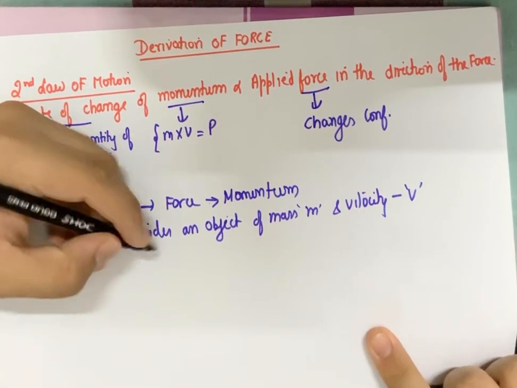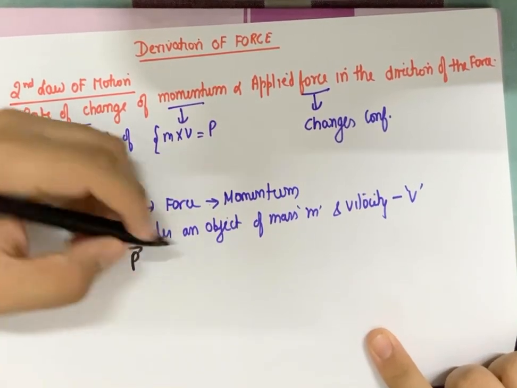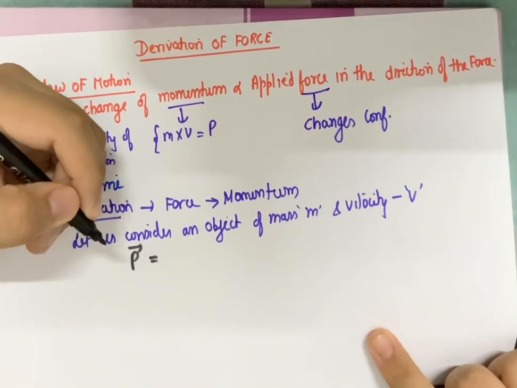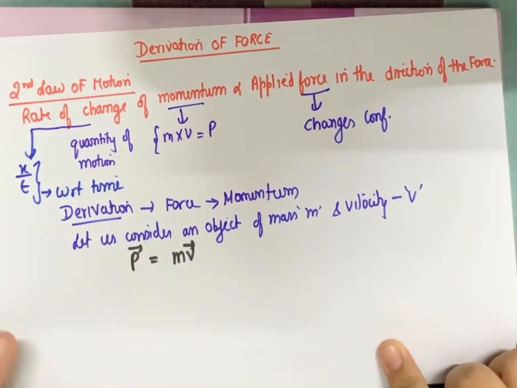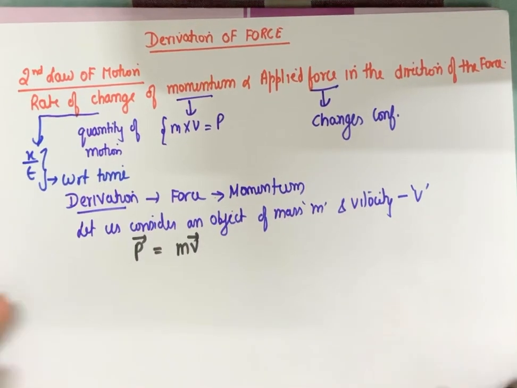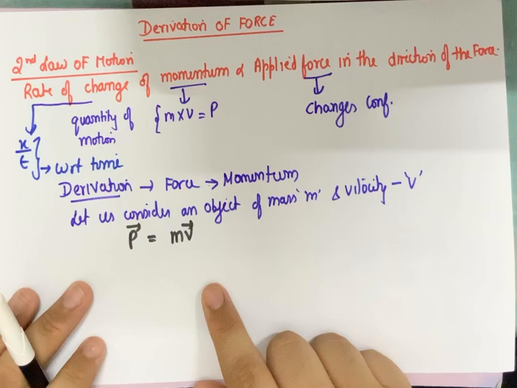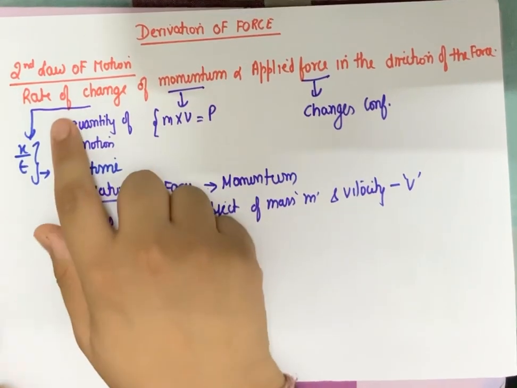In that case, the momentum of that object, p vector, will be equal to m into velocity. Why am I putting this arrowhead? Because velocity and momentum have directions, and they are thus vector quantities. So p is equal to mv. Now the next thing I have to find is the rate of change.